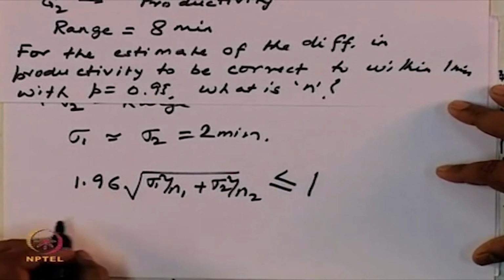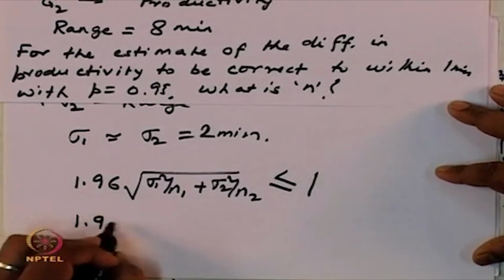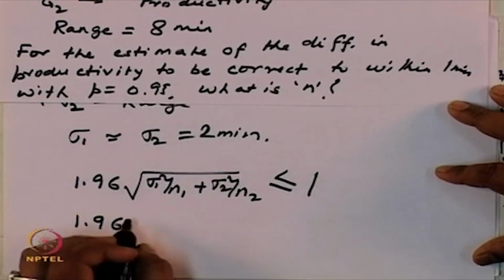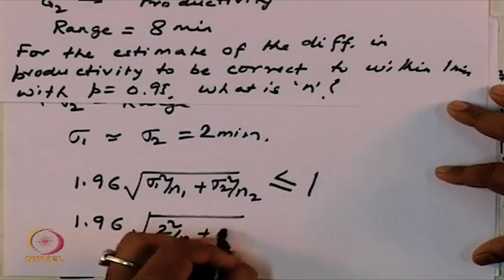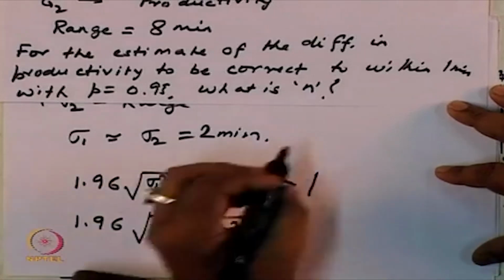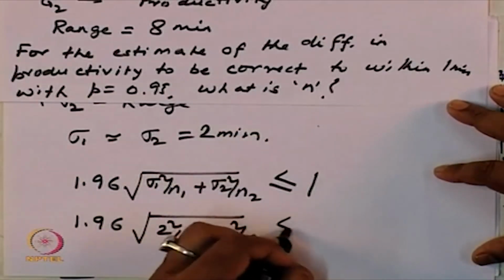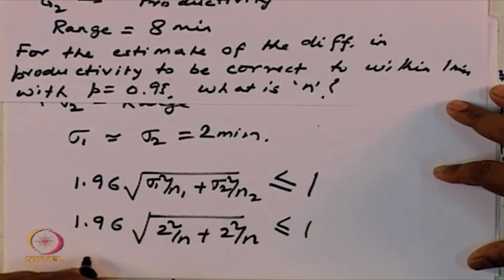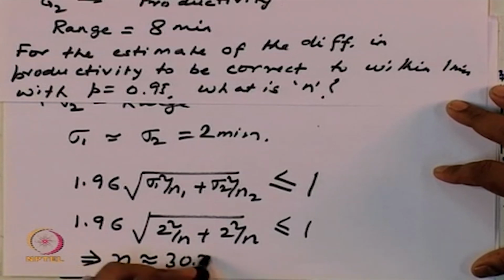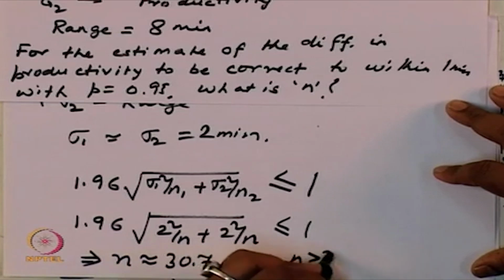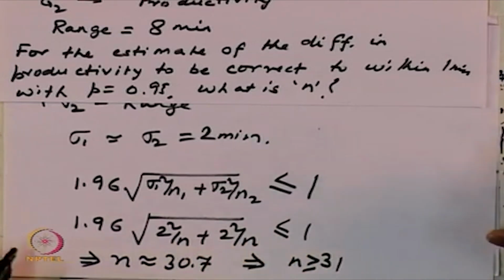In the above expression, you can simplify it by writing 1.96 root of 2 square by n plus 2 square by n, assuming n of G1 equal to n of G2, less than or equal to 1, and if you solve this equation, you get n roughly equal to 30.7. So, this means your n has to be greater than or equal to 31.